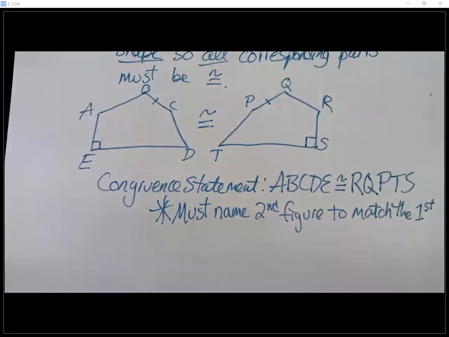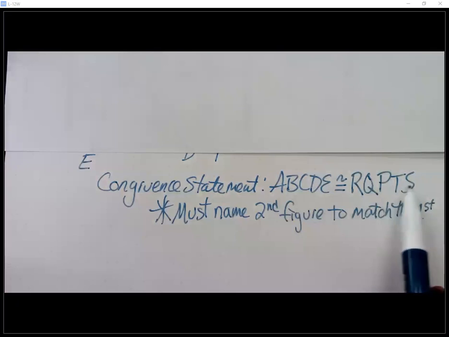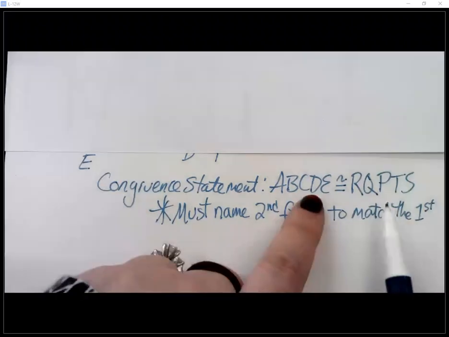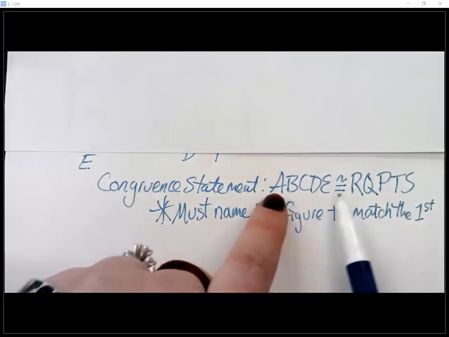Look, it's gone. Just by looking at this, you can tell me what angle matches with angle D, let's say. What angle would have to be congruent to angle D? Angle T, because they're listed in the same spot, right? D is second to last, T is second to last. Oh my gosh. So if this were a proof, you would get all 5 of these angles are equal to each other.